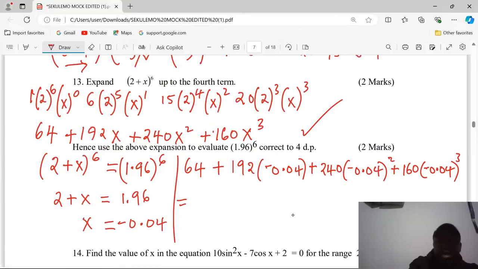Then you can key in this expansion just as it is into the calculator and it gives us the value. 192 times negative 0.04, then we add 240 times negative 0.04 squared, plus 160 times negative 0.04 raised to power 3.